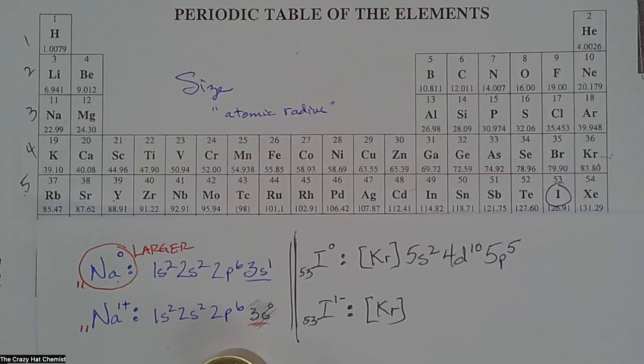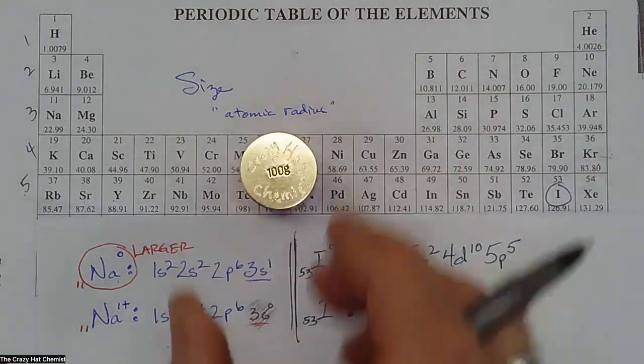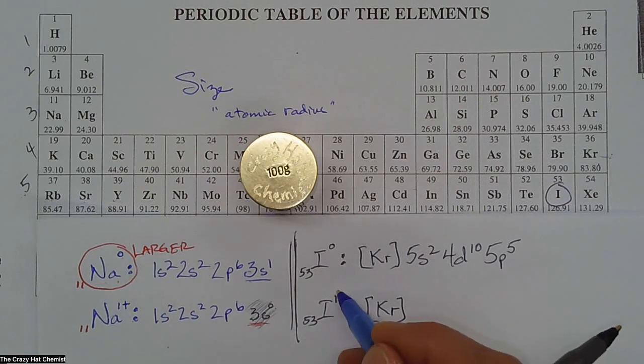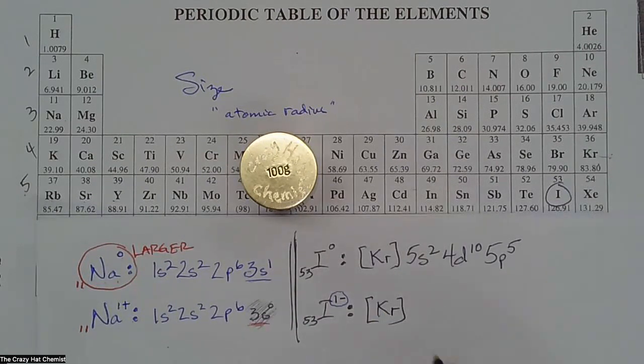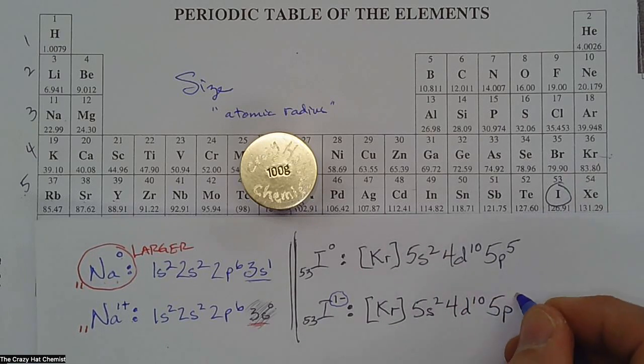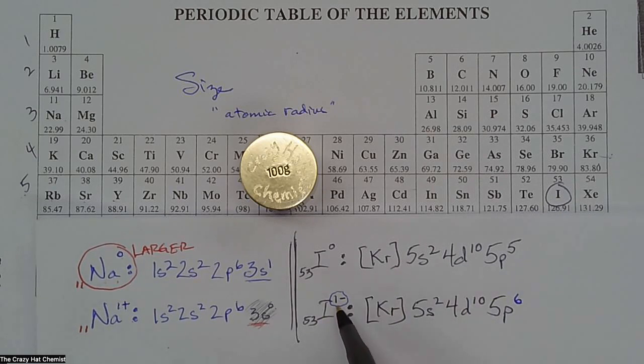Okay, and then for the iodine ion, what has happened with that one is that you have added one electron. So that's why it has a -1 charge. So we're going to do 5s2, 4d10, and 5p. And then I'm going to write this in blue, 6. So there's one more electron with the iodide ion.